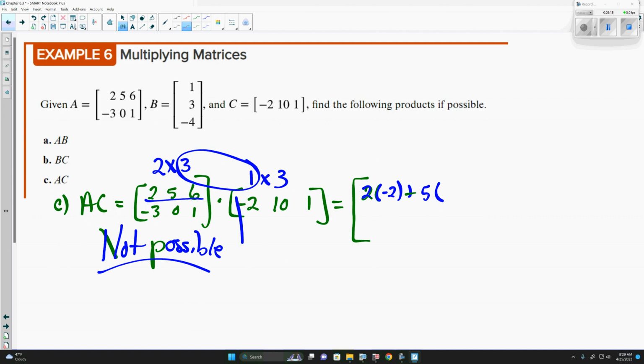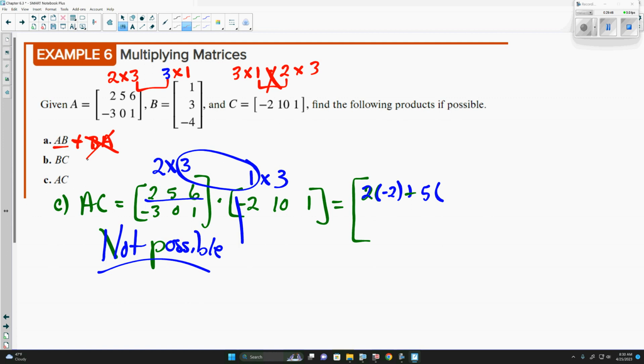If we look at the previous ones, A times B will not be the same as B times A. For our first one, A times B is a 2 by 3 multiplied by a 3 by 1. If we do this multiplication, the 3 and 3 do match. If I flip it, put B first, we'd be saying 3 by 1 being multiplied with a 2 by 3.